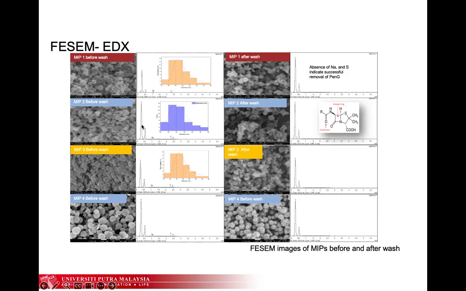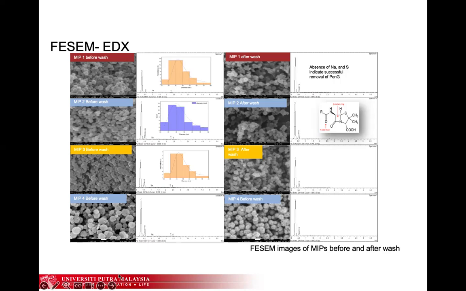So from FESEM and EDX, we can see the distribution of these tiny particles because it's a nano emulsion polymer. From the EDX, we can see some difference, if any, in terms of elemental percentage.